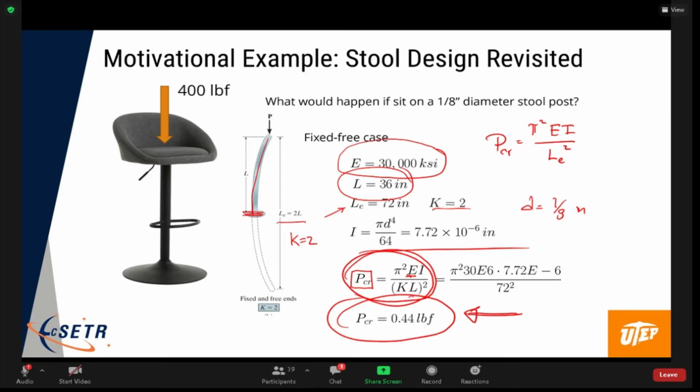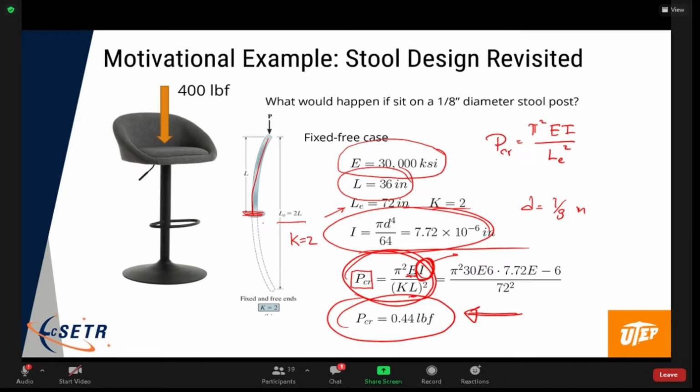Although clearly the length has a huge effect because it's length squared, right? Making the length less will increase our critical load. So the only thing we have to fool around with is I. So you could figure out what I you need so that it doesn't buckle under a load of 400 pounds. And then from that, you could figure out the diameter. Does that make sense?